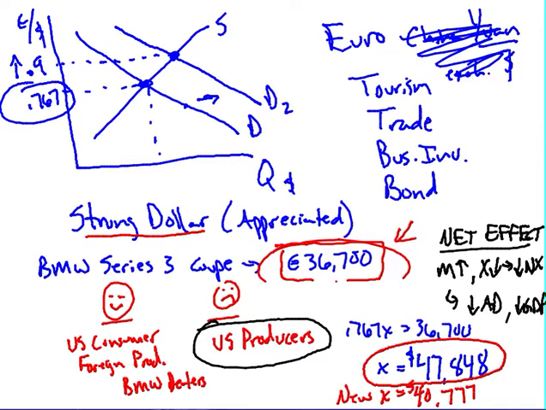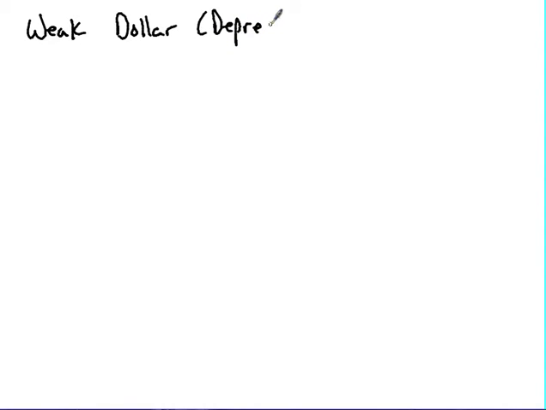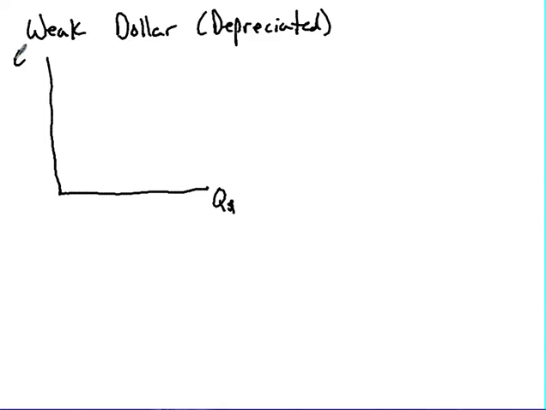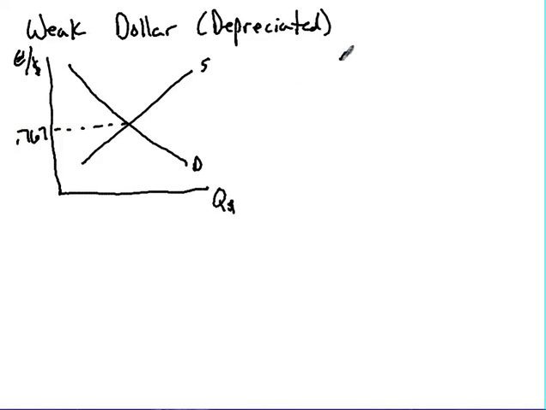So let's look at what happens when we have a weak dollar, or depreciated. So you'll see either of those terms, depreciated or weak. All right. And so let's draw our graph again. We'll use dollars and euros per dollar and supply and demand. And we said that the price was 0.767, and we're still going to stick with our Series 3 coupe.